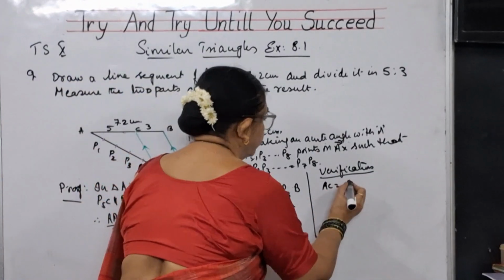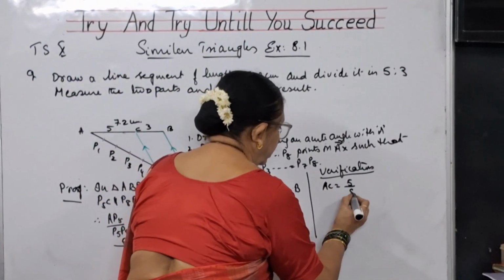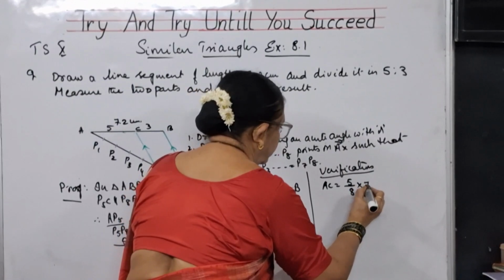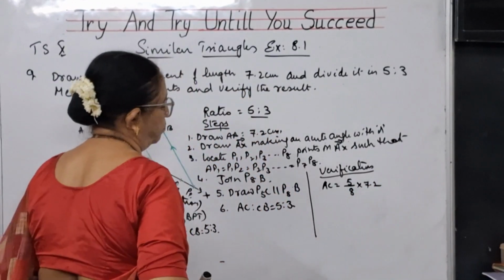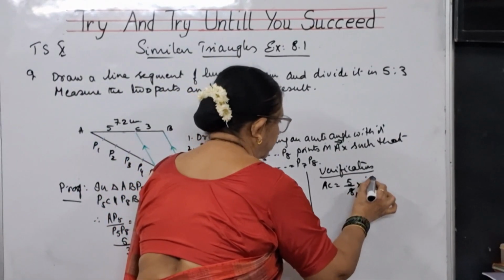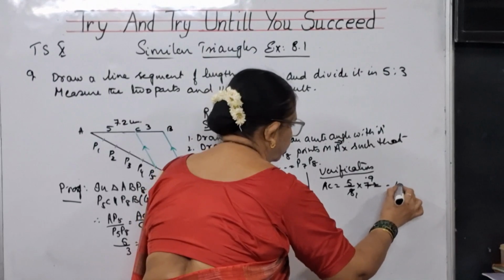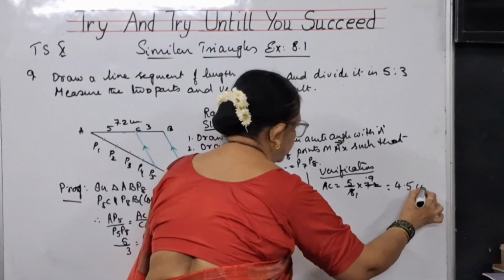So AC is equal to 5 by 8 into 7.2. That means 8 nines are 72, so 0.9. That is 5 into 0.9 is 4.5 centimeters.